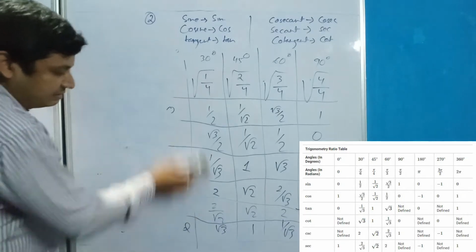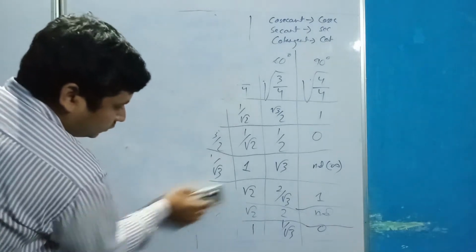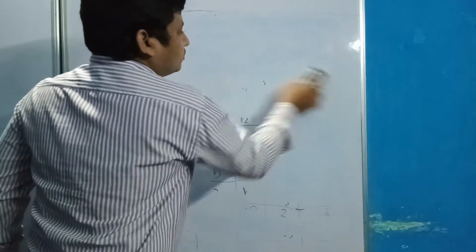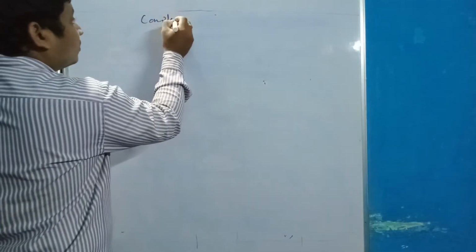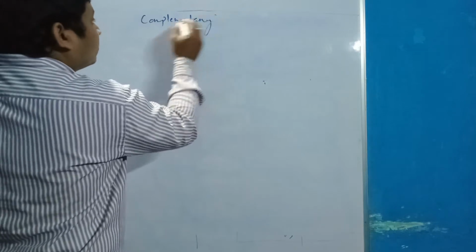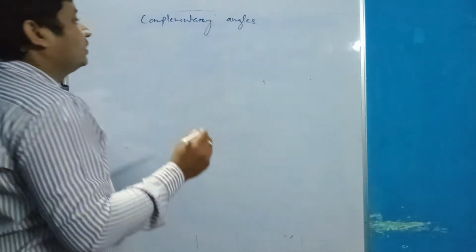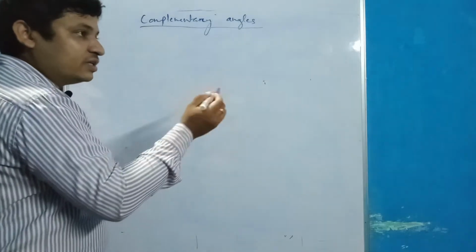I am just erasing it for my next part. We'll be going for complementary angles. What are complementary angles? Remember, complementary means we will be writing the cofunctions.